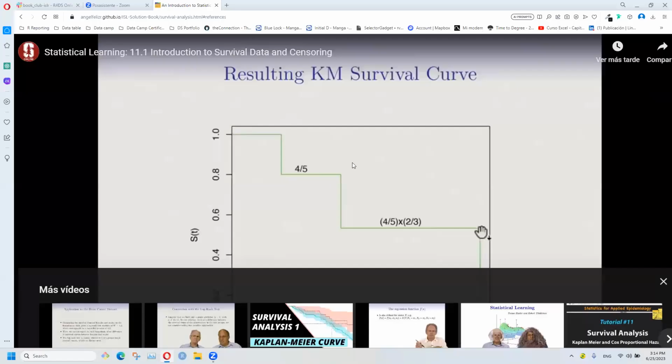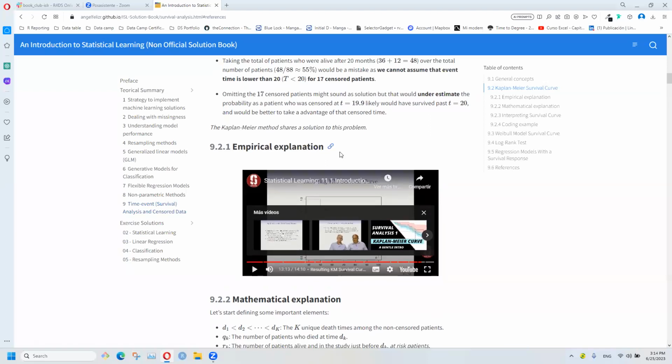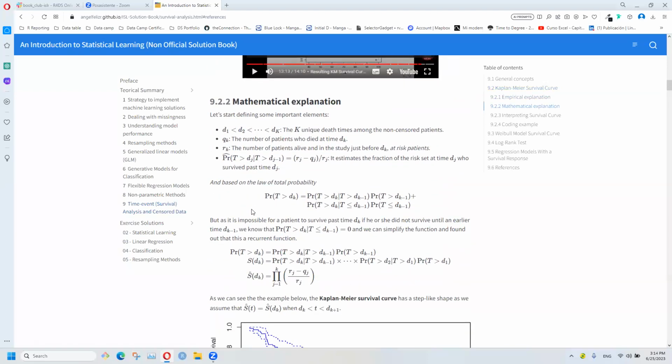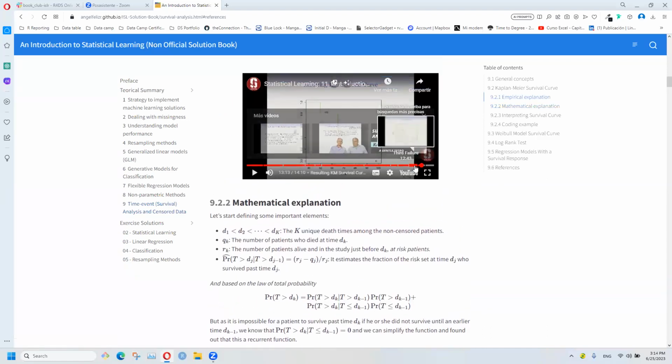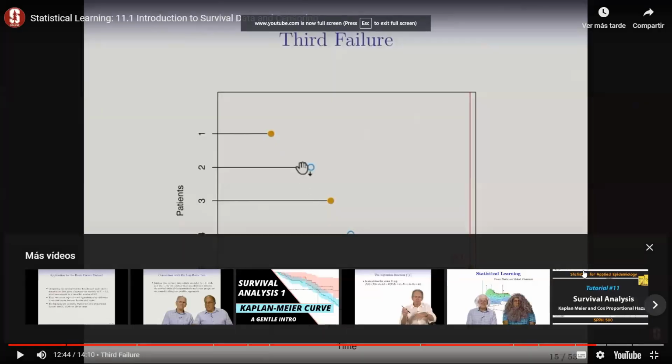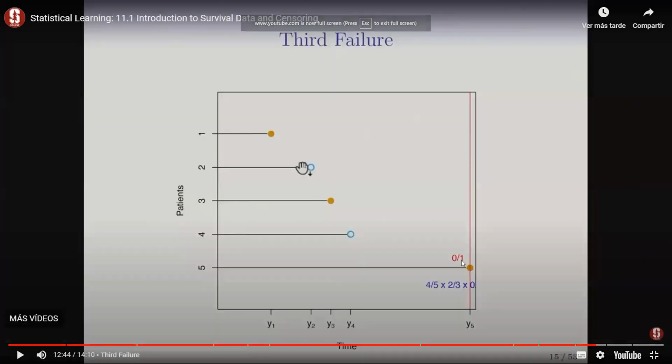So that's the process that we are going to explain now in a mathematical way. We start by defining each unique event time. In the example of the video, they have 3 event times: 1, 2, and 3.